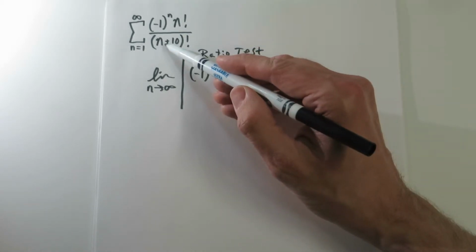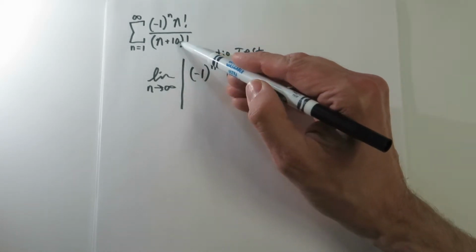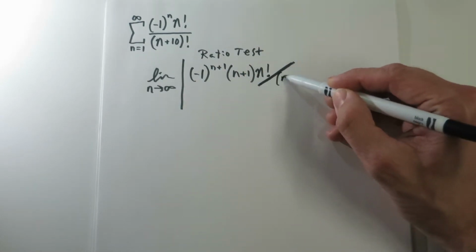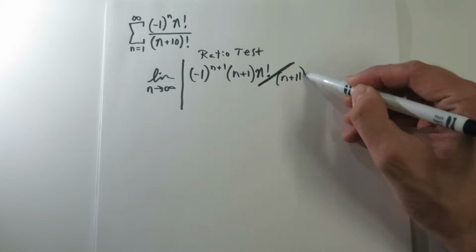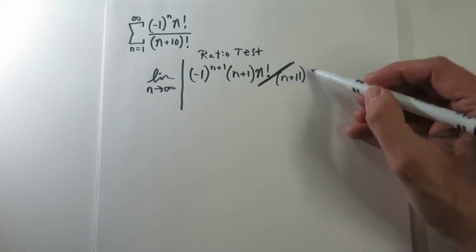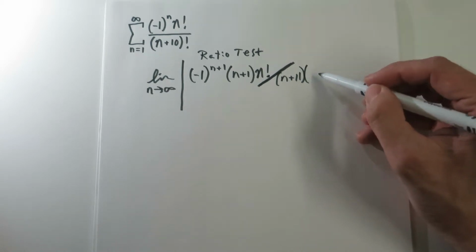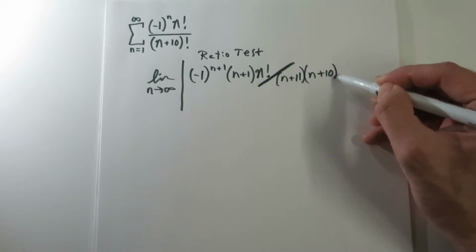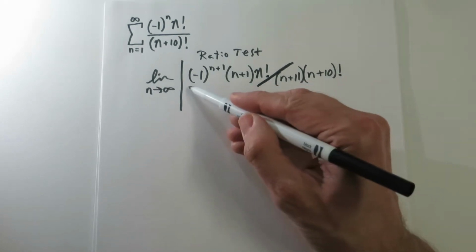Here we have n plus 1 plus 10, which is going to give us n plus 11 factorial. N plus 11 factorial is just going to be n plus 11 times everything beneath it, n plus 10 factorial again.